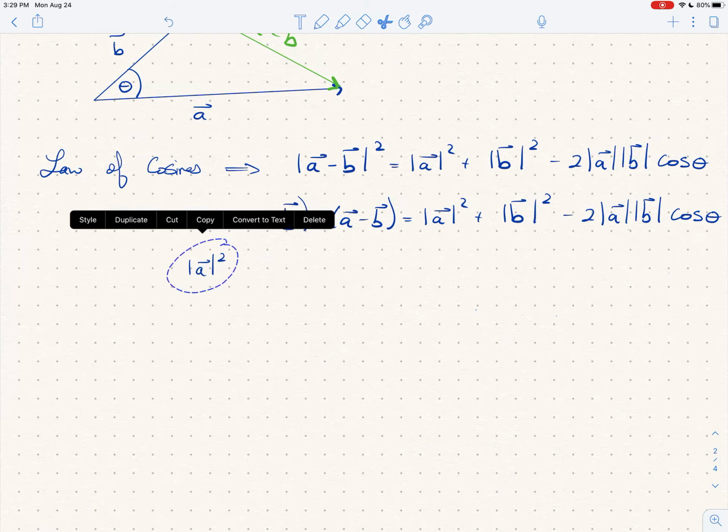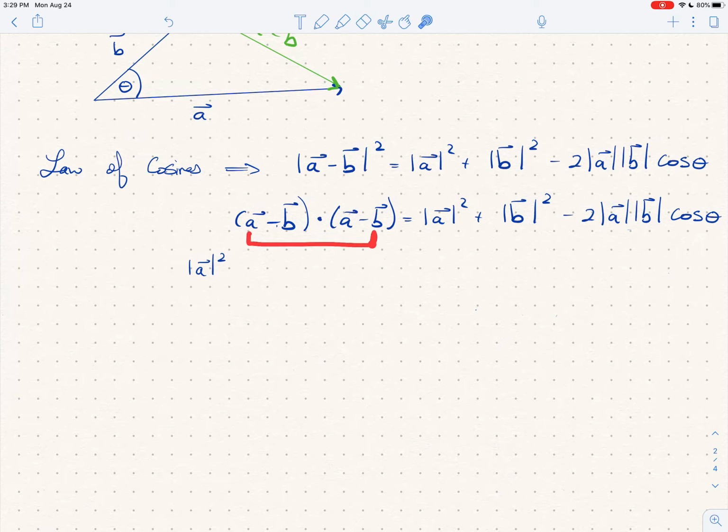Then you end up with minus B dot A, and then minus A dot B, so there's your inside and outside. So I'm going to get minus 2 times the vector A dot the vector B. And then I'm going to get minus B dot minus B, so that's going to be plus B dot B, or if you want, length of B squared.